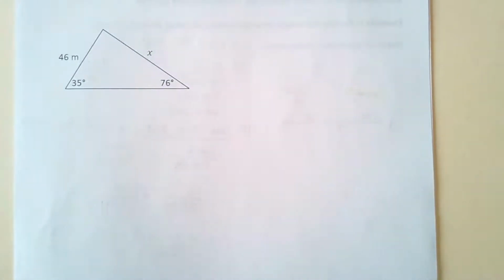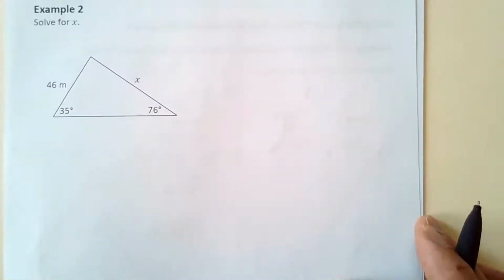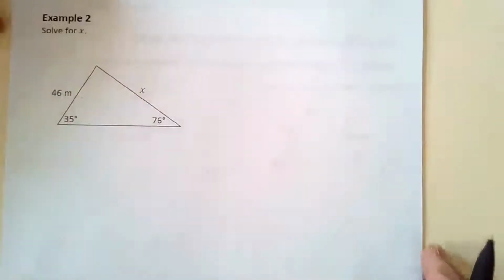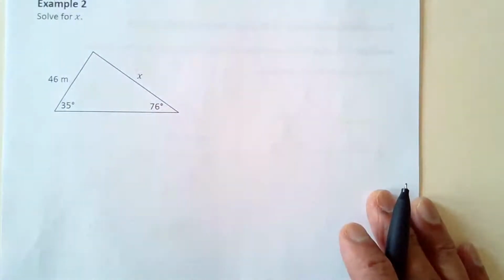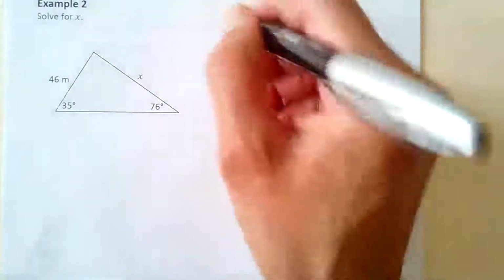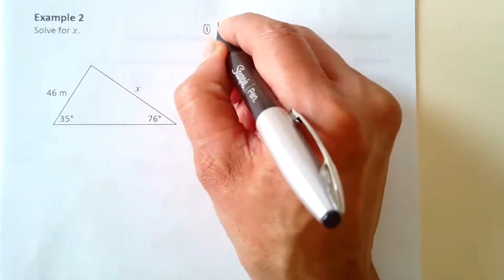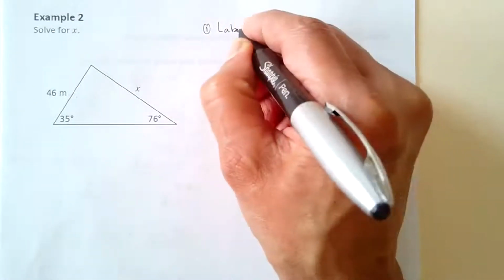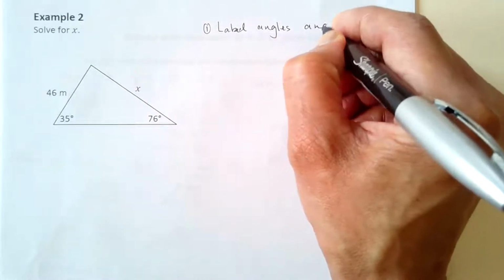As I mentioned, step 1, we're asked to find x. So step 1, label angles and sides.